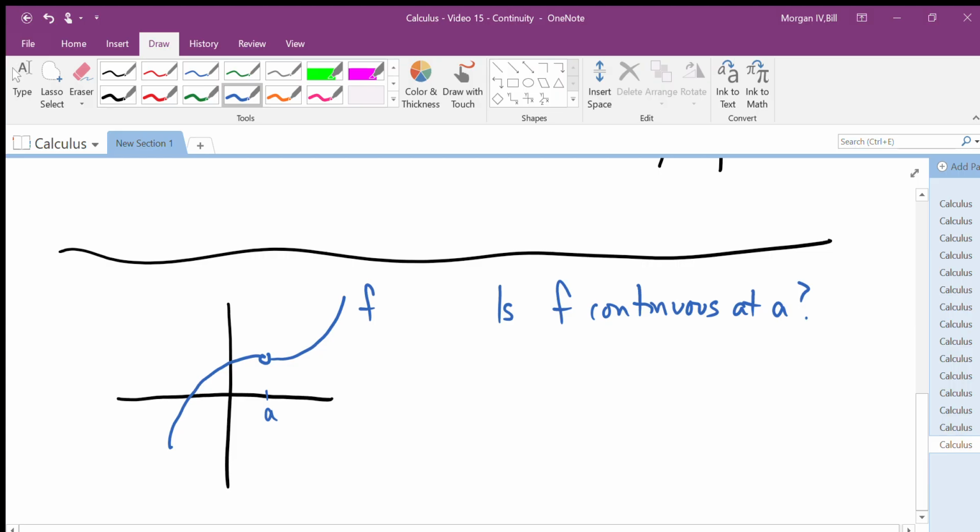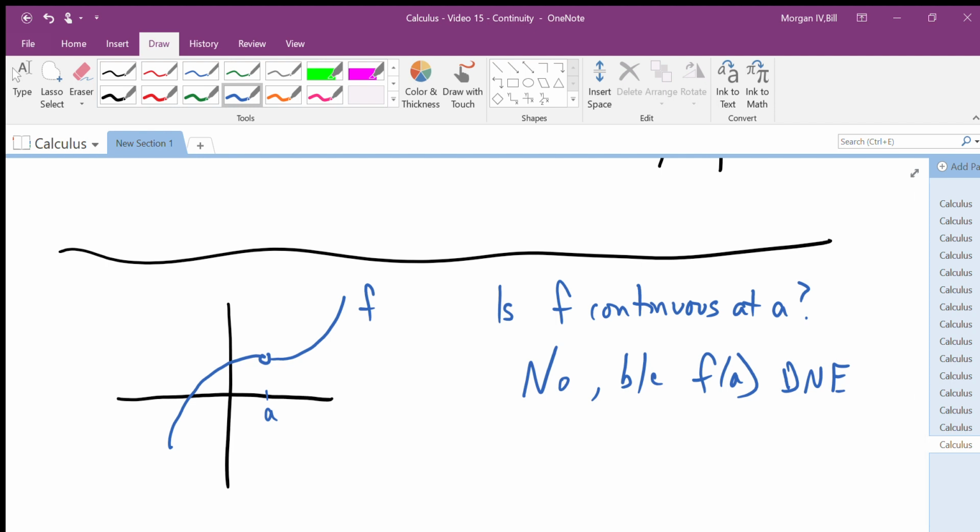You would say no. Why not? Because f of A does not exist. There's no y value at A. There's a hole in the graph there.